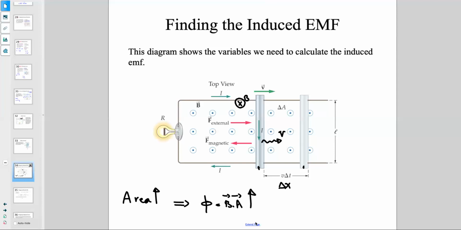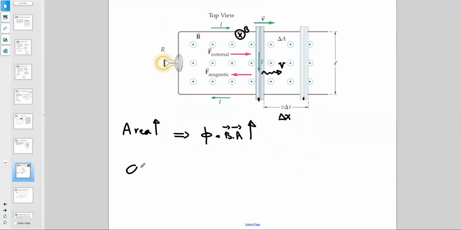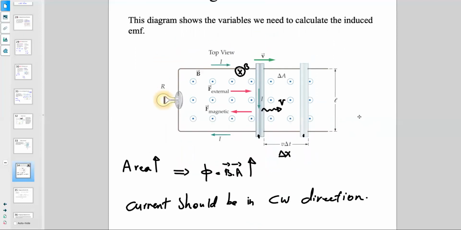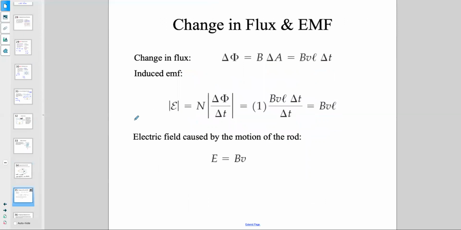So the current should be in the clockwise direction. Okay, with all of that having been said, and the length of this rod being L, let's take a look at the EMF.